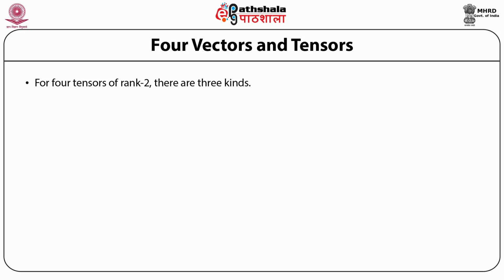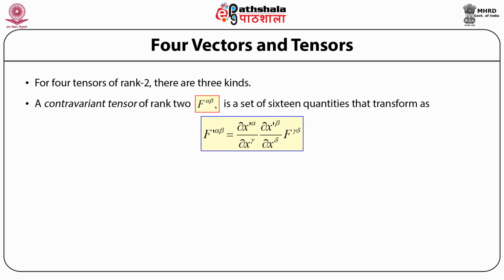So the first of these 3 kinds is the contravariant tensor of rank 2, which is denoted by f superscript alpha beta, and this is a set of 16 quantities that transform according to the transformation rule f prime superscript alpha beta is equal to partial derivative of x prime superscript alpha with respect to x superscript gamma, whole times partial derivative of x prime superscript beta with respect to x superscript delta, whole times f superscript gamma delta.